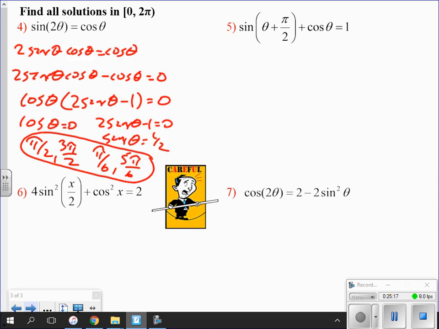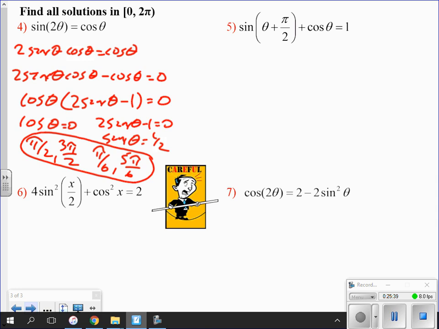Okay, number 5. What do you think the first step's going to be? Get rid of the addition formula. Okay, so that goes back to what we were doing yesterday.